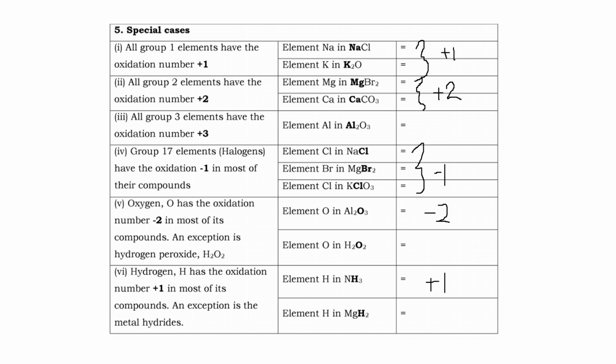for the oxygen. Okay, an exception: the oxidation number for oxygen in hydrogen peroxide is equal to -1. And oxidation number for hydrogen in metal hydride is also -1. Alright. Yang ni exceptional, and hopefully jarang-jarang keluar lah.